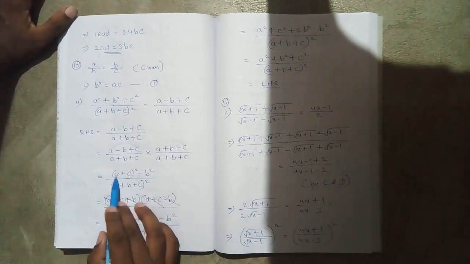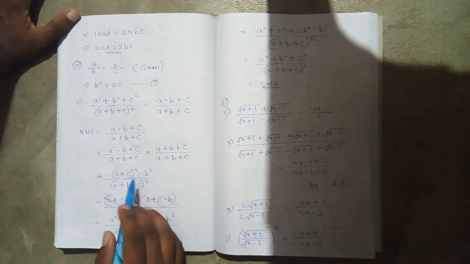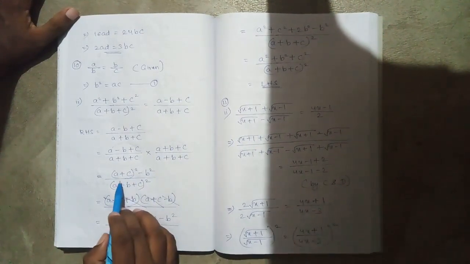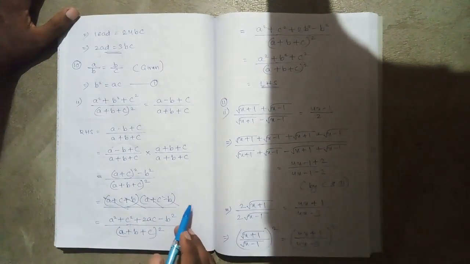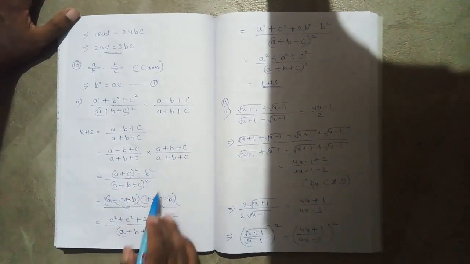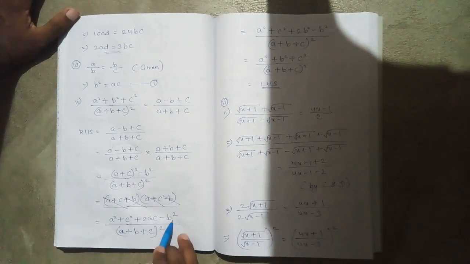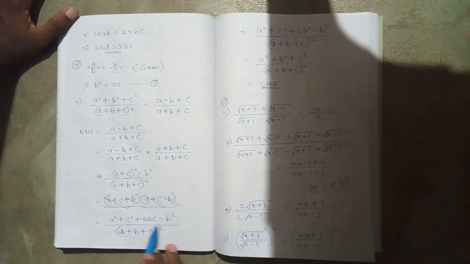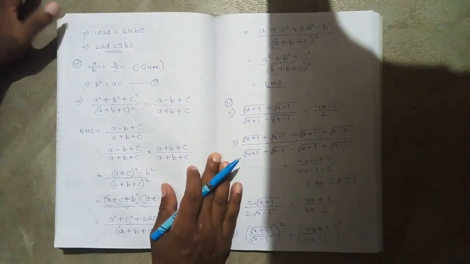Now open the bracket, expand (a plus c) whole square, which is a square plus c square plus 2ac minus b square. Then by (a plus b plus c) whole square, which is the denominator. Do not disturb it.